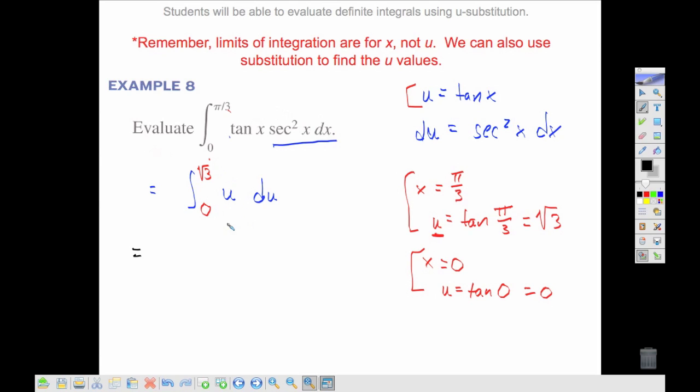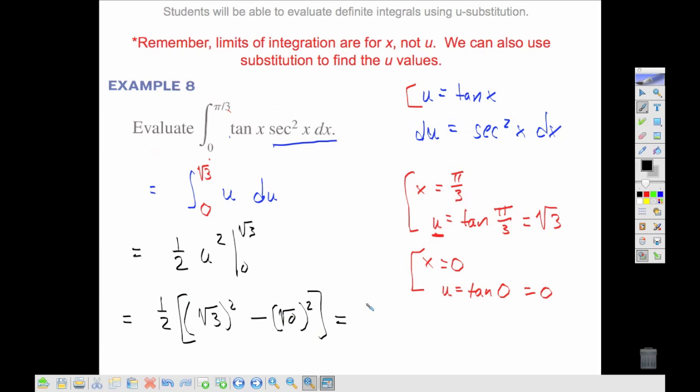We can now take an antiderivative of u, which would be 1/2 u squared from 0 to square root of 3, and that's going to be equal to 1/2 of the square root of 3 squared minus square root of 0 squared, which will give us 3 over 2.